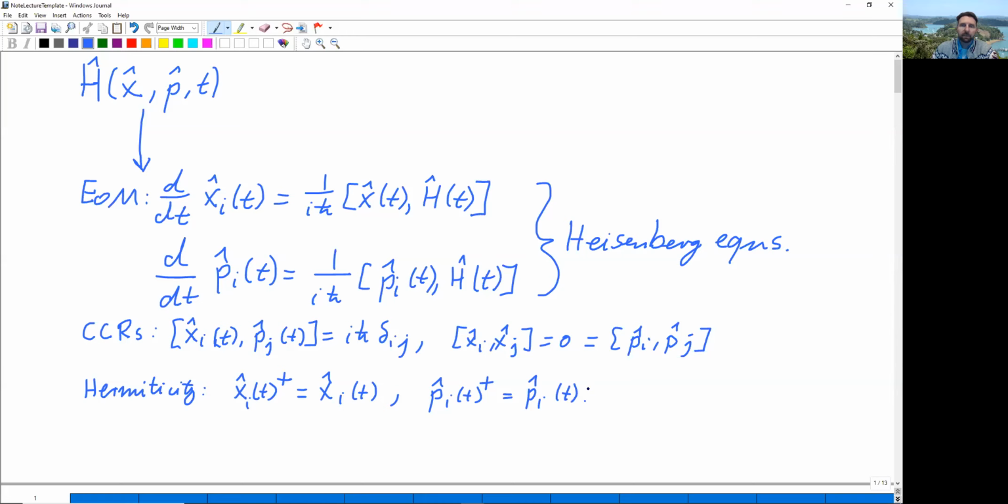We want this because we have it in classical mechanics, where this dagger here in classical mechanics is just complex conjugation.